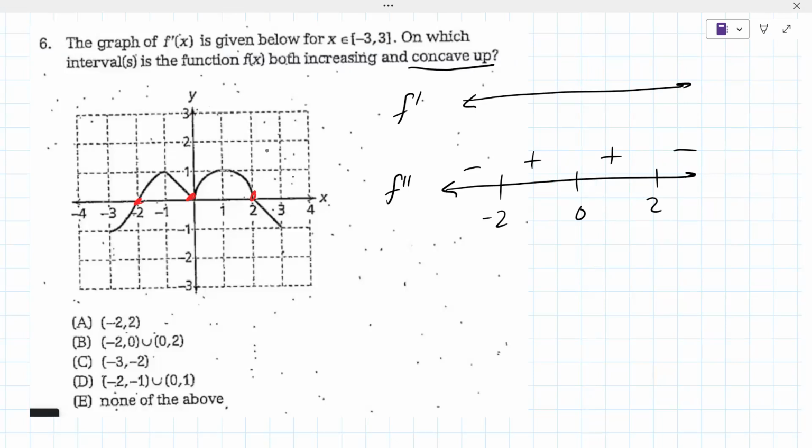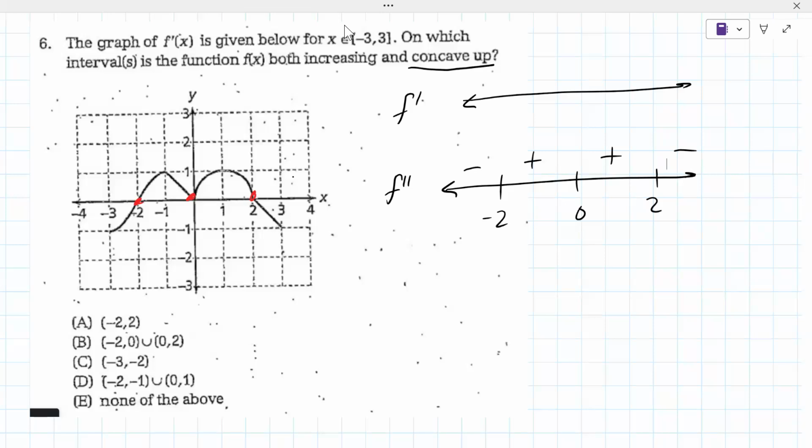Okay. So the concave up is where the second derivative is positive. Now, the original function is increasing when its first derivative is positive. But we're not able to look at the first derivative, we're able to look at the second.